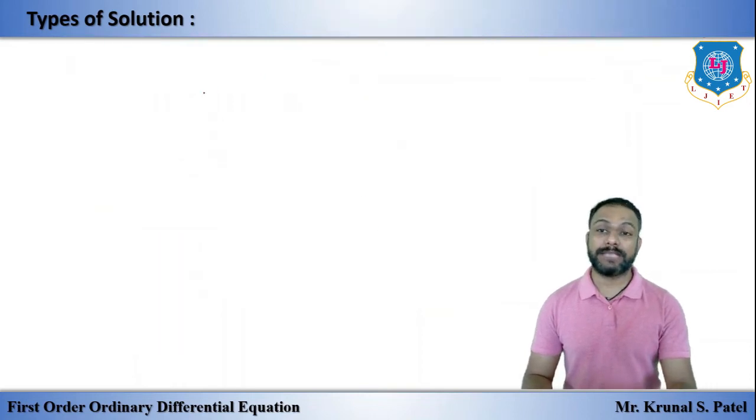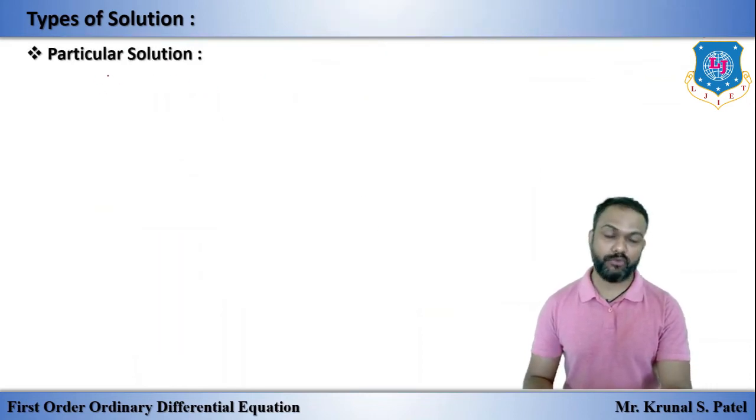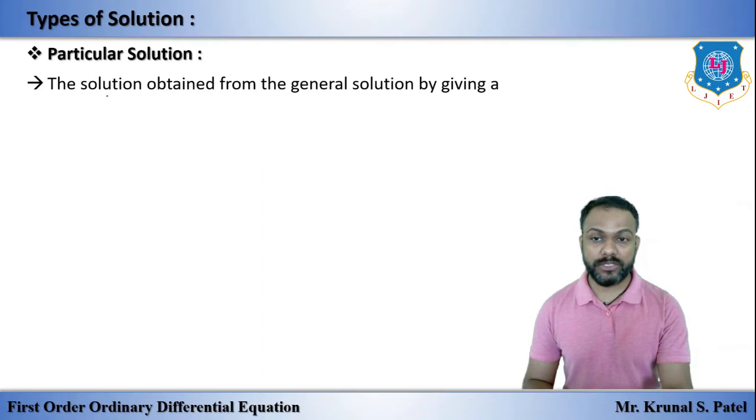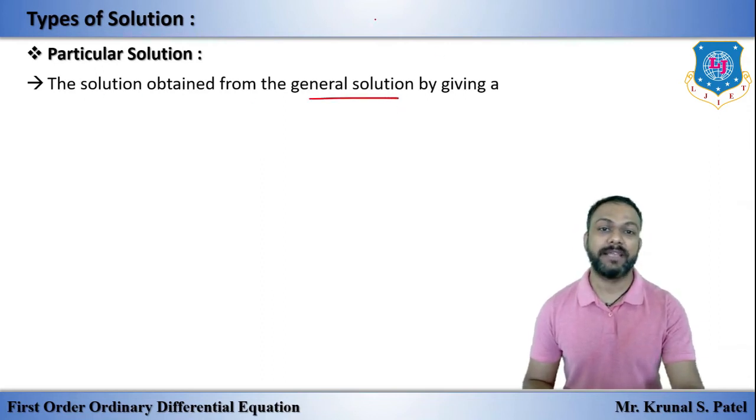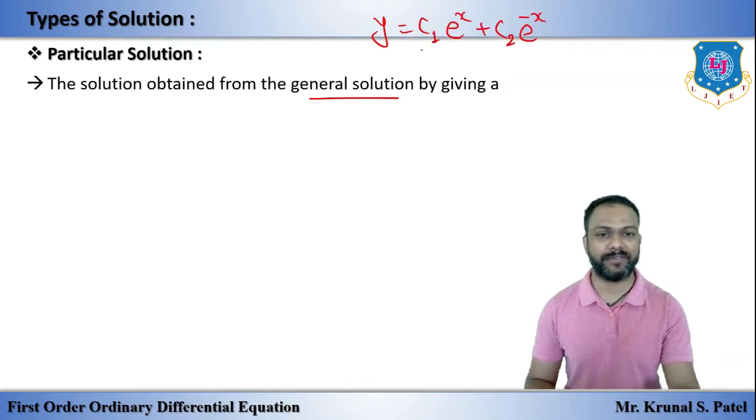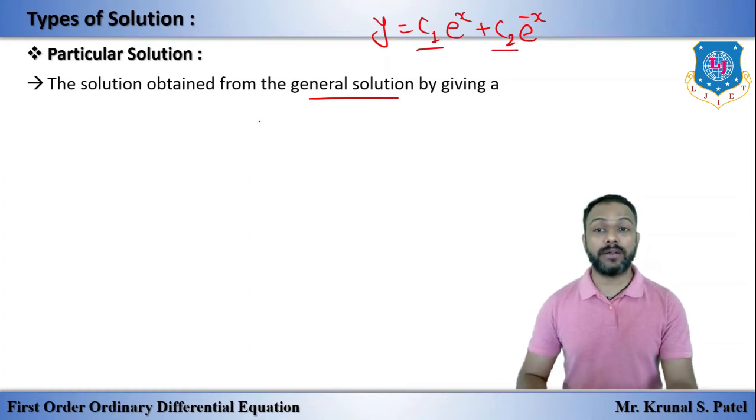Now second, particular solution. What is the particular solution? It is the solution obtained from the general solution. This is our general solution, because this equation contains two arbitrary constants.